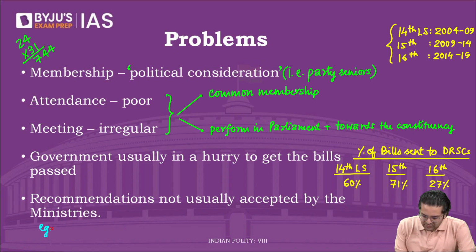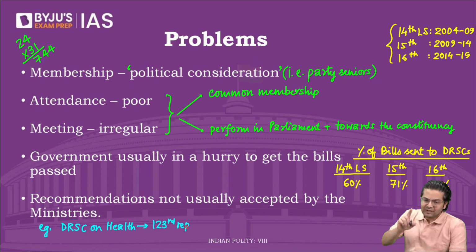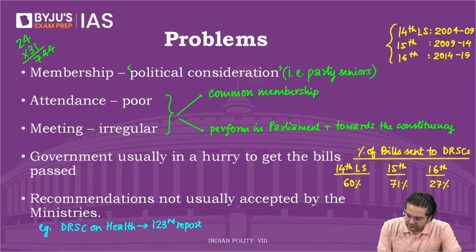There was a DRSC on health. I mean, there's this committee called the DRSC on health. It, in its 123rd report, actually said increase the availability of oxygen cylinders.